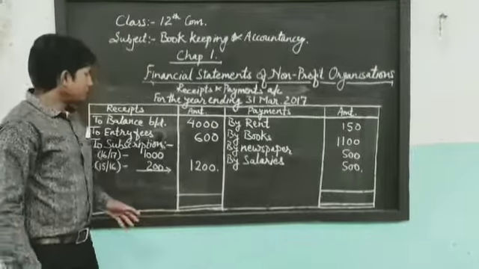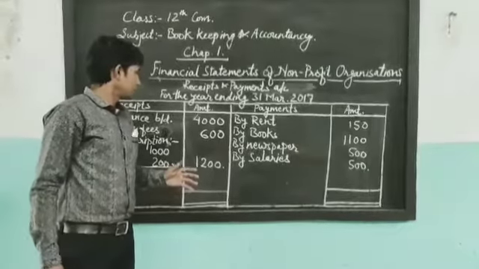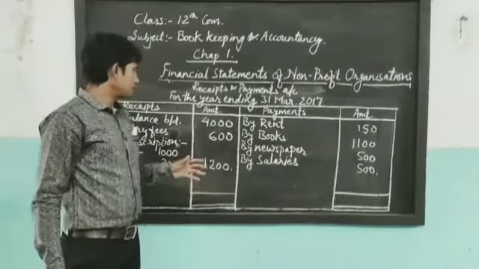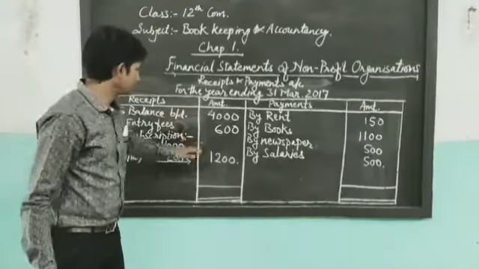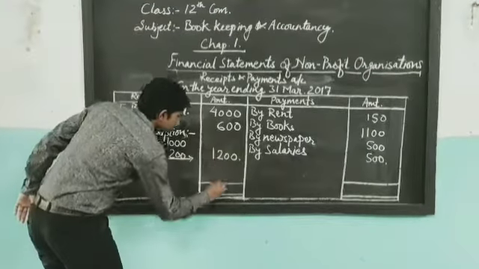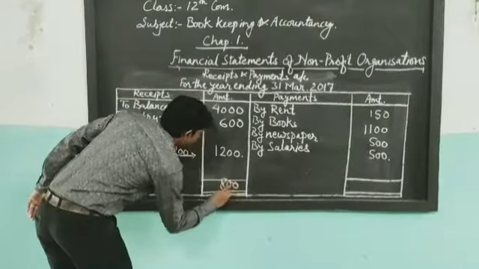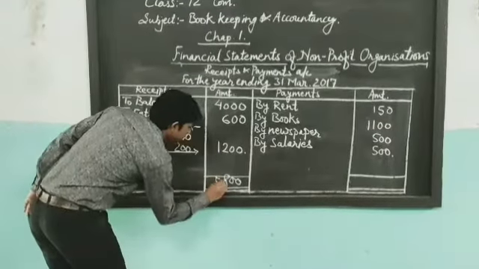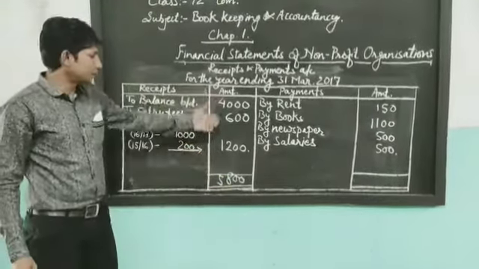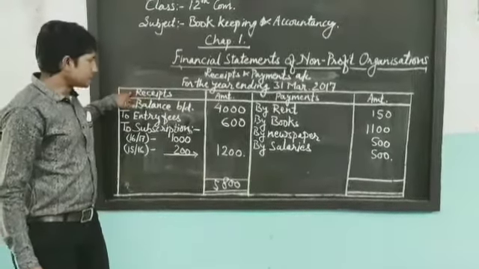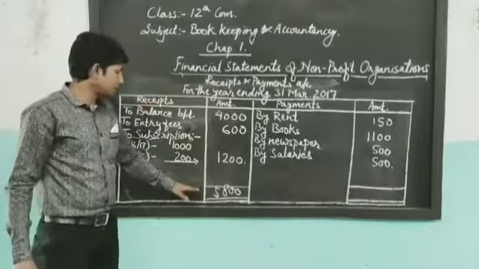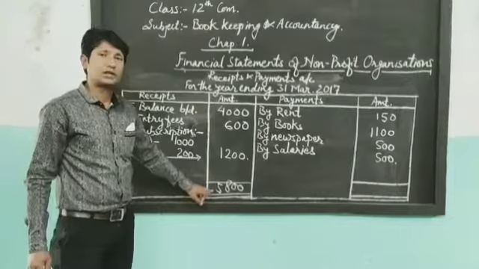The total will always be higher on the receipt side. The total is 5,800, which was the cash received during the year. All the receipts are entered, so the total cash received during the year is 5,800.